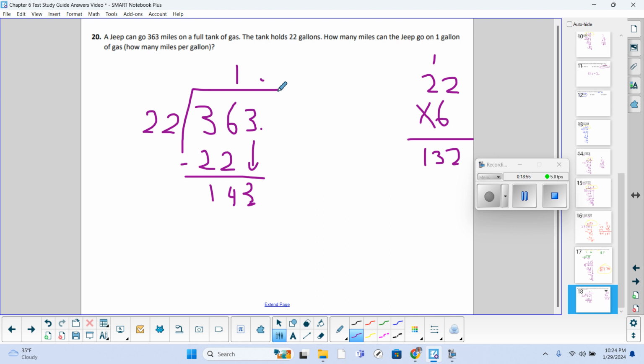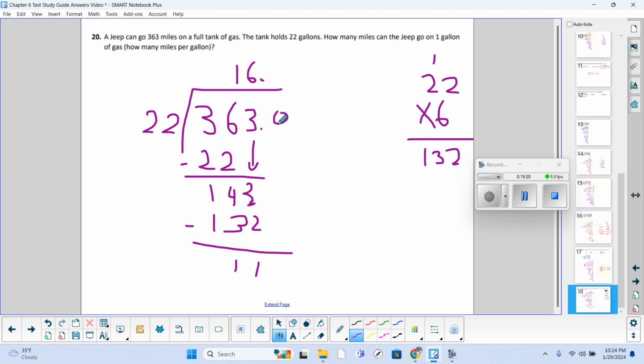So yeah, 132 is close to 143 without going over. So this would be 6 times 22 is 132. My remainder, and I am sorry again for my handwriting, I'm using my mouse, not the stylus. 3 minus 2 is 1. 4 minus 3 is 1.